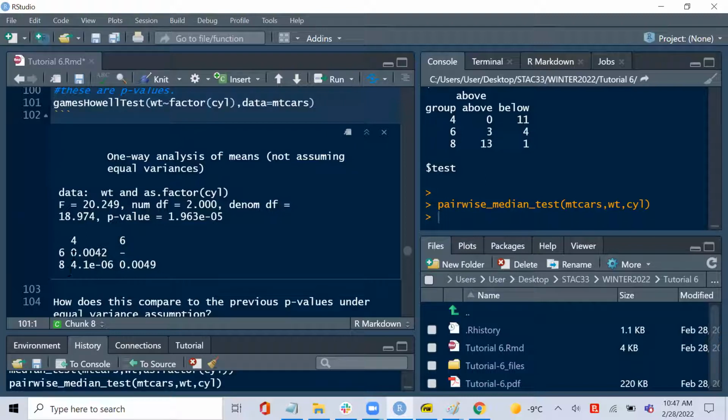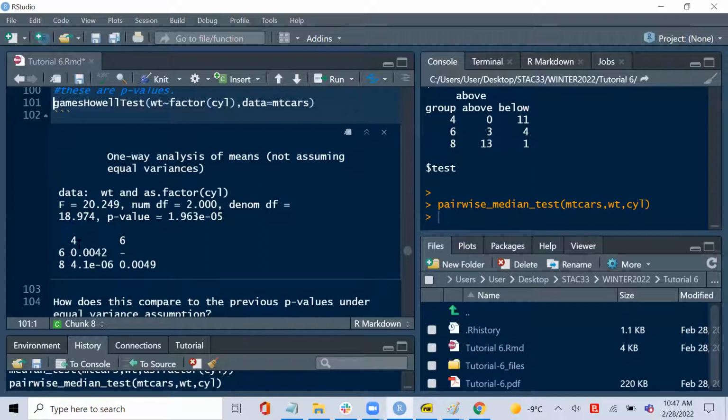Anyways, you can see that 6 and 4 is still significant because it's less than 0.05. 4 and 8 is the most significant, obviously, because you can see that it's the -6. This is also significant between 8 and 6, right?